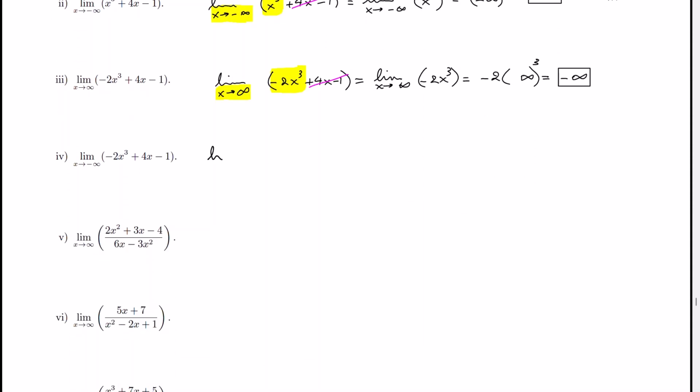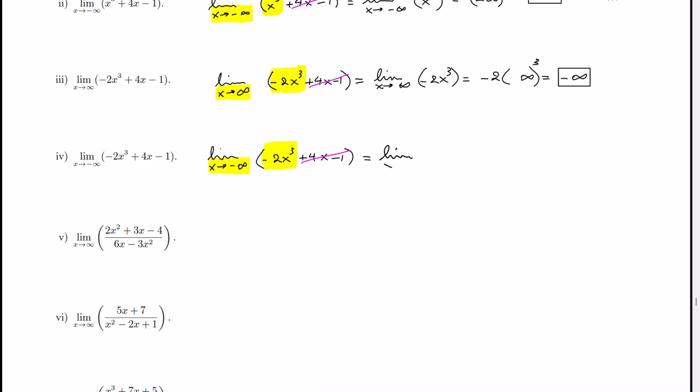Okay, moving on to the next one. The limit as x goes to negative infinity of negative 2x cubed plus 4x minus 1. Again, the limit has x approaching negative infinity, so that means I'm going to ignore the 4x and the negative 1 and only pay attention to the leading term, which is negative 2x cubed.